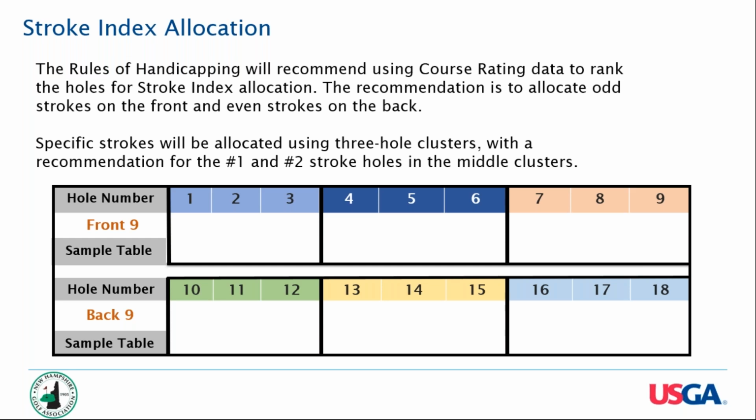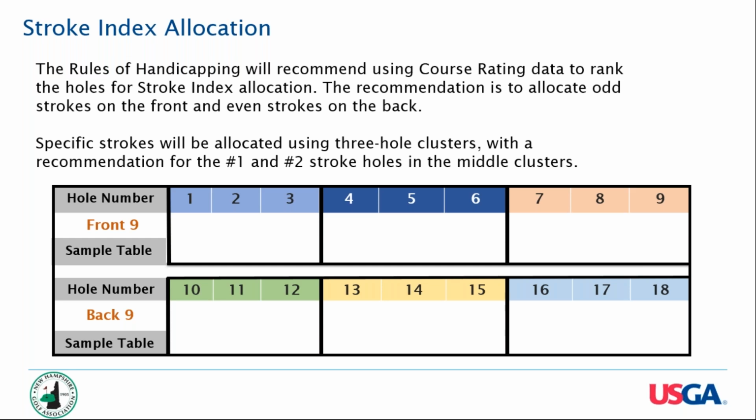And then you all at the club have the ability to use that or not use that. I could give you the whole 18-hole allocation here, and you could flip-flop one or two holes. Basically, you all have the final say in your stroke index allocation. You know your course a little bit better, so if you don't fully agree, we can always change things.